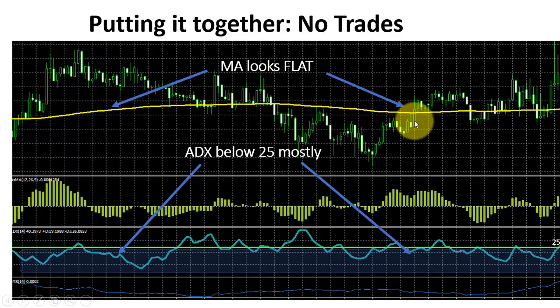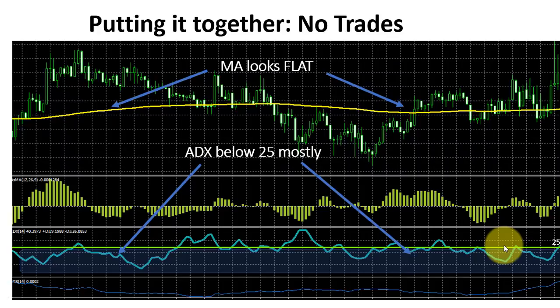But what worries us more is that the ADX value is less than 25 most of the time here. And when the ADX value is less than 25, no trade. So that's why on this chart in front of us, it looks like we may not even have much trade going on. So enough of the theory.